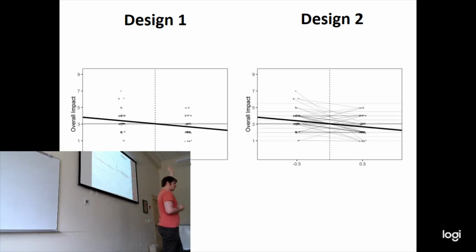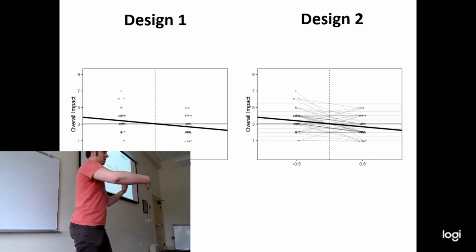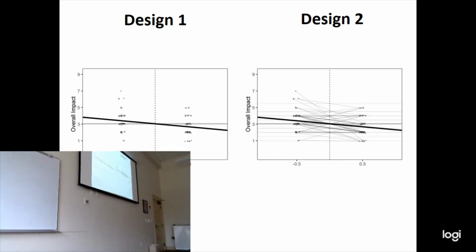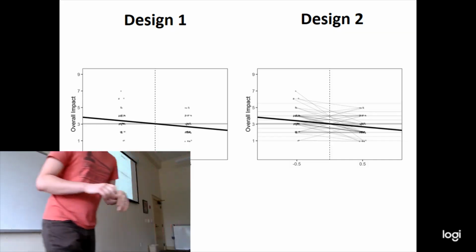I have the same sequence of ratings, 1, 9, 3, 5, whatever. It's just that in one version of the data set, I can draw these links, and in the other version, I can't. That linkage is really important because that's the thing that determines whether a repeated measures design would be more powerful.